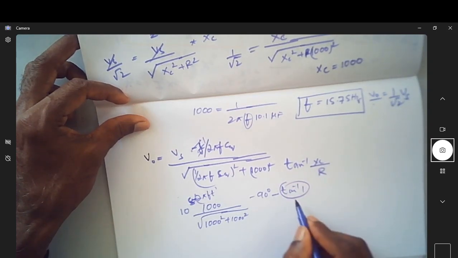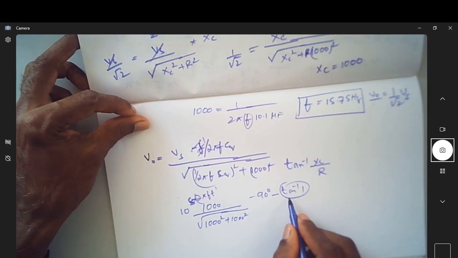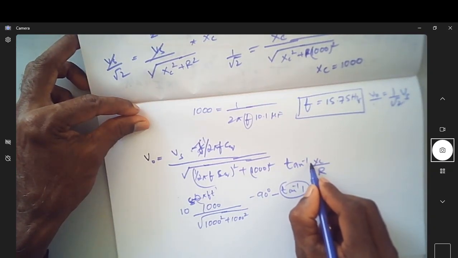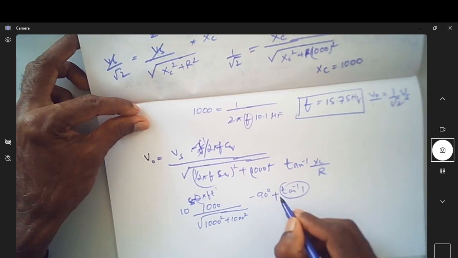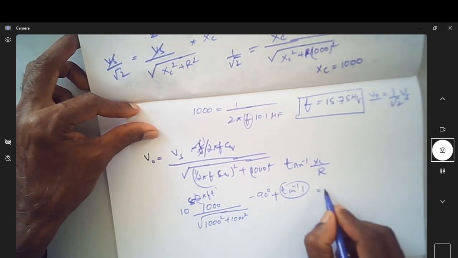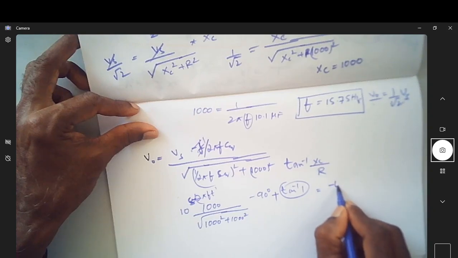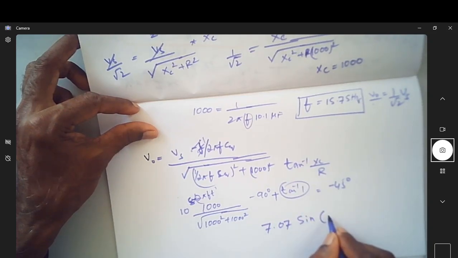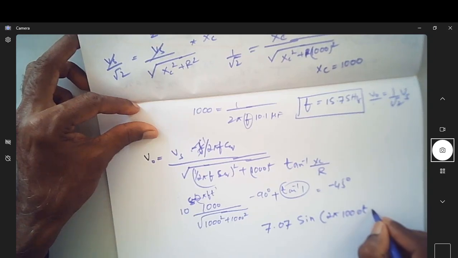Tan inverse of 1 corresponds to 45 degree. So minus of minus becomes plus, and the phase is minus 45 degree, meaning the output will be 7.07 sine 2 pi 1000 t minus 45 degree.